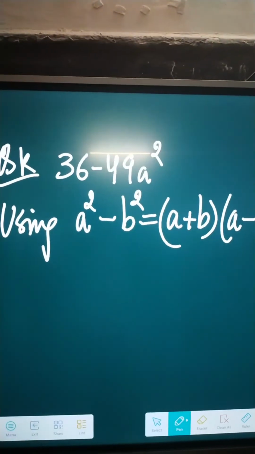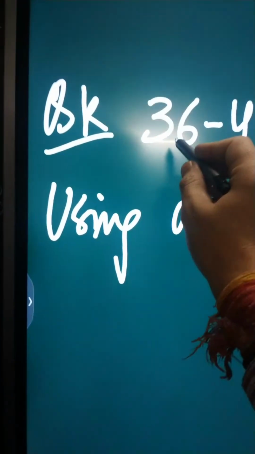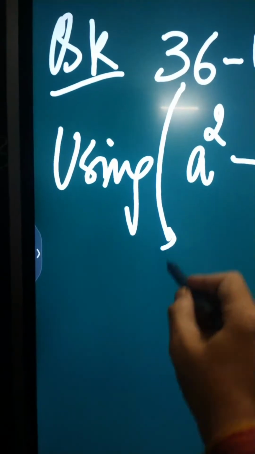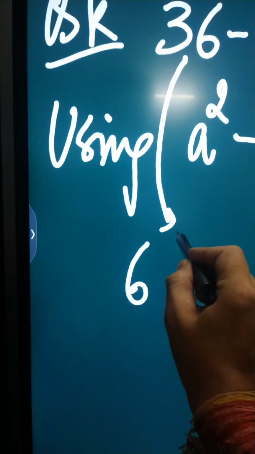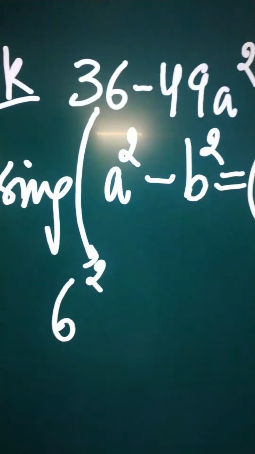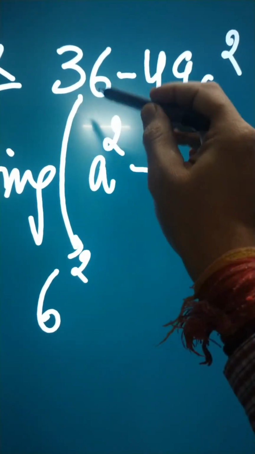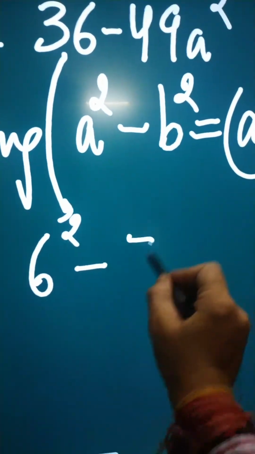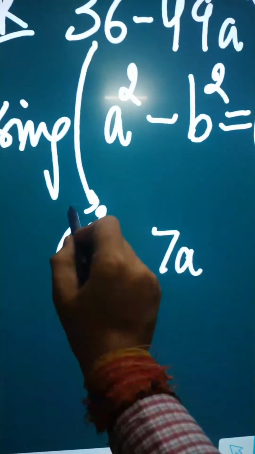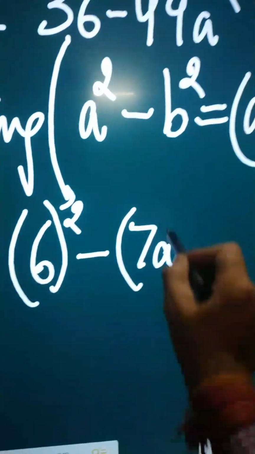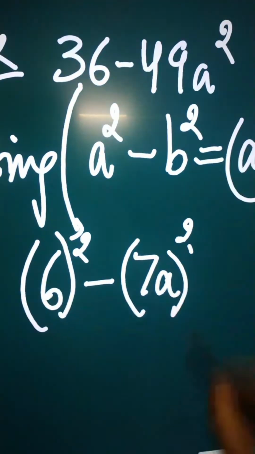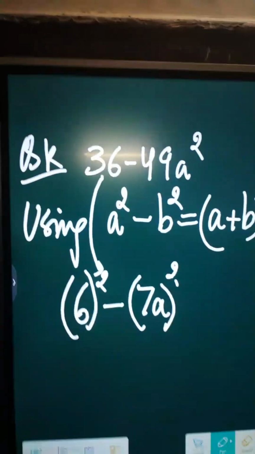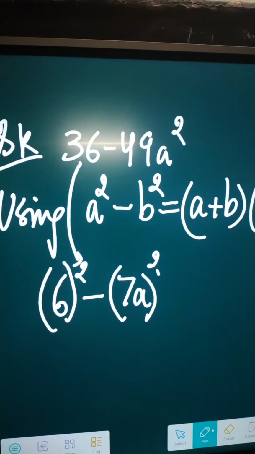36 minus 49a square, I have to write it as a square, so 36 will be written as 6 square, and 49 means 7 square. So both the terms are to be written as a square minus b square.